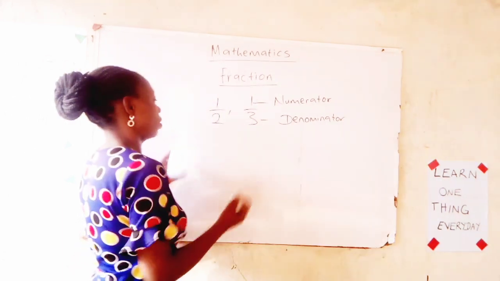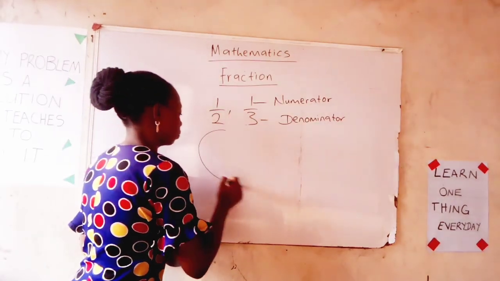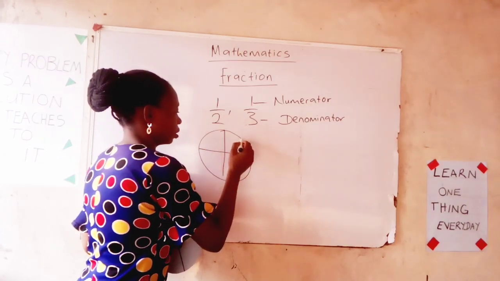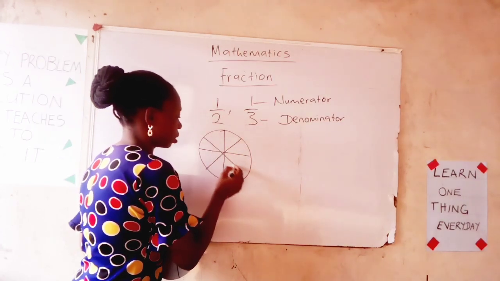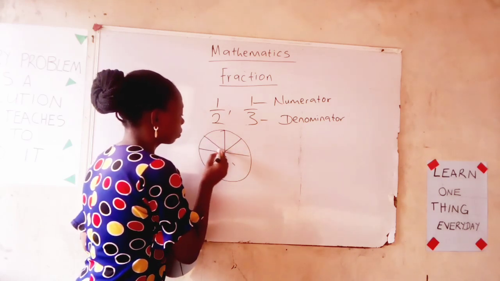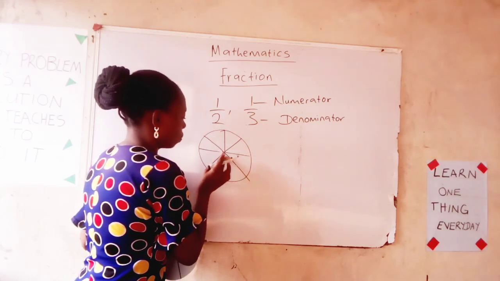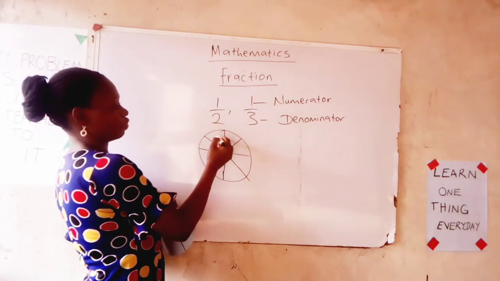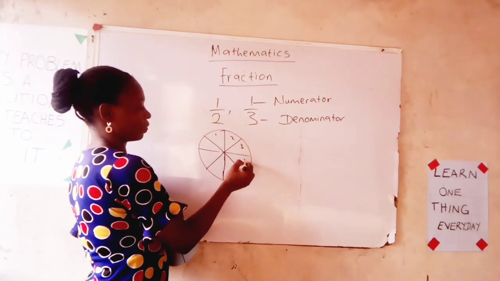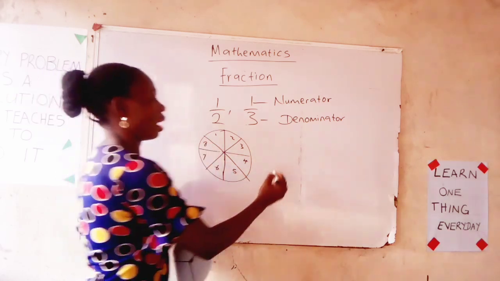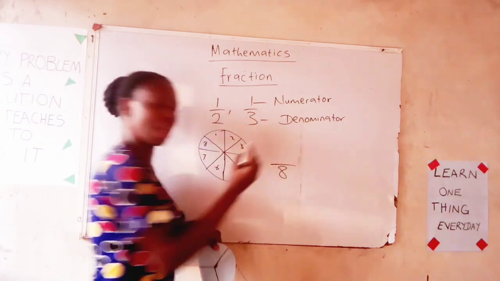So when you share something into like this is 1, 2, 3, 4, 5, 6, 7, 8. So our denominator becomes 8.